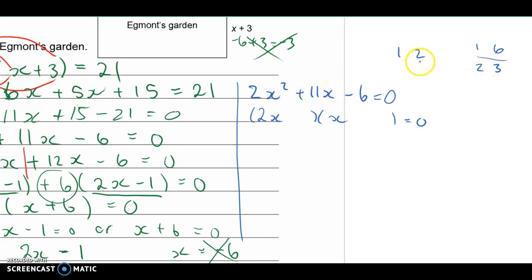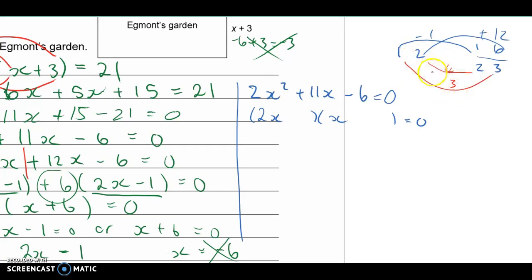Now if I said 2 times 6, that would give me 12, and 1 times 1 gives me 1, which I can see straight away would give me 12 if that was plus and that was minus. Now obviously if that hadn't worked, I would have maybe seen 2 times the 1 and 1 times the 6 would only have given me 2 and 6. Or I could have seen what would happen if I'd gone 2 times 2 is 4 and 1 times 3 is 3.